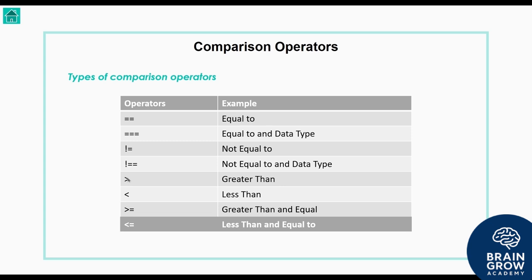This sign is used for greater than, and this sign is used to show less than. Next, this sign shows greater than or equal to. If you add only greater, it will be false without adding equals. This sign shows less than or equal to.